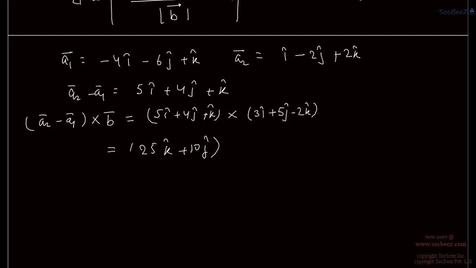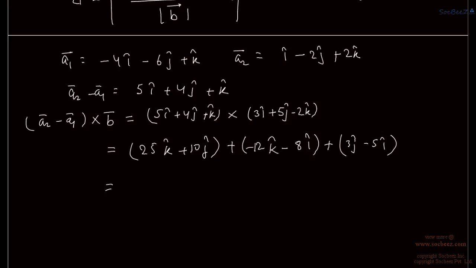Okay, plus 4j cross 3i, ji is minus k, so minus 12k, 4j cross 5j 0, 4j cross 2k, jk is i, so minus 8i, plus k cross 3i is 3j, and k cross 5j is minus 5i, and k cross k 0.